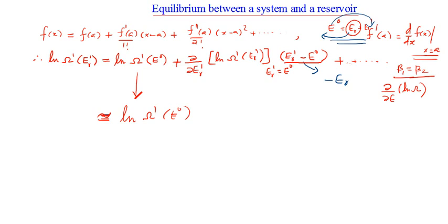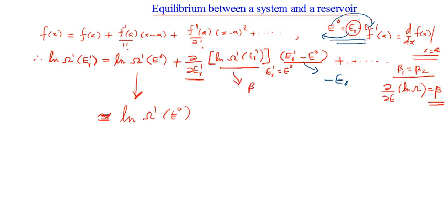So dou by dou E of log omega is nothing but the quantity beta, otherwise known as inverse temperature. Here, instead of E it is Er prime, a variable energy. So dou by dou Er prime of log of omega prime is nothing but the quantity beta.